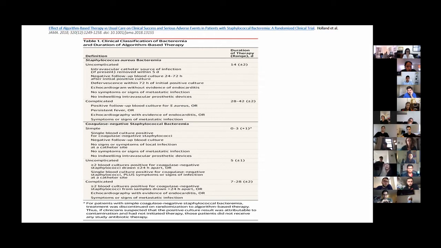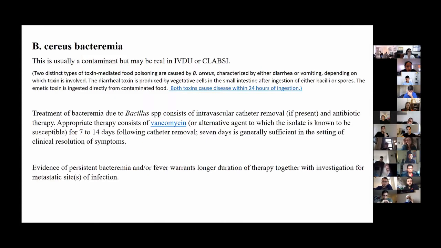Complicated is more than 2 blood cultures drawn greater than 24 hours apart, either with an echo or signs and symptoms of metastatic disease. Then they basically get at least a month of treatment, although the range is variable. I think most people, if they really thought it was significant, would treat for a 4-week course. So that's a nice algorithm.